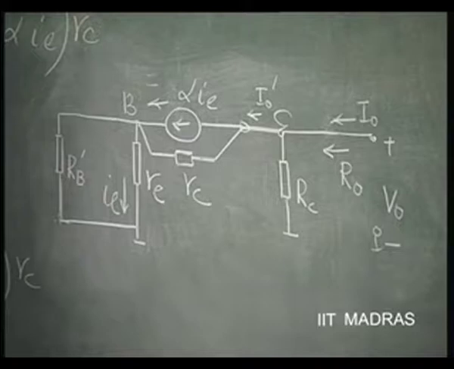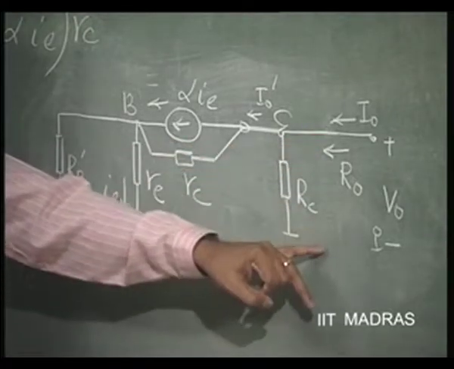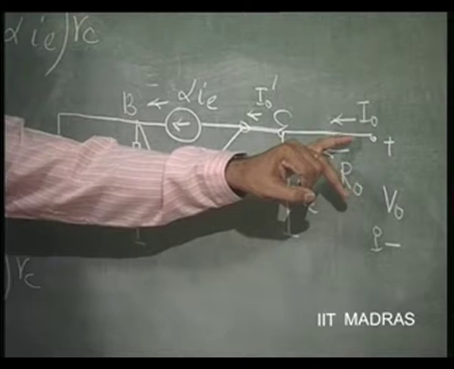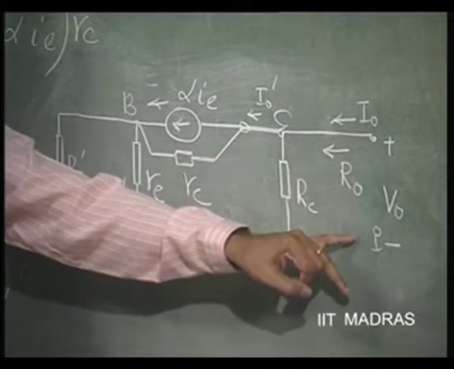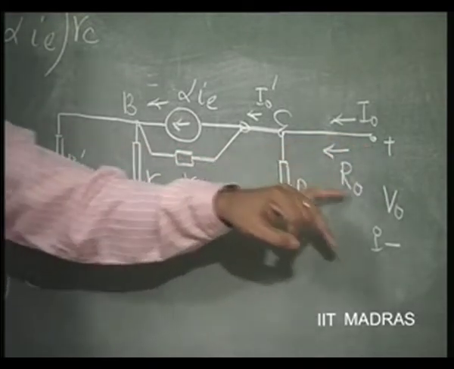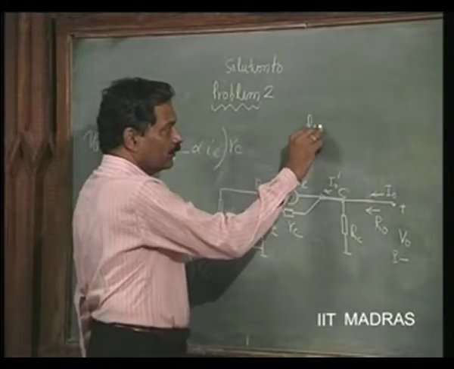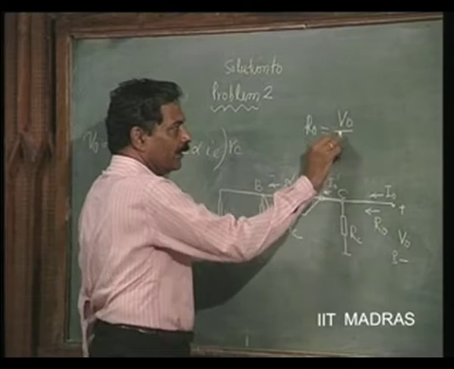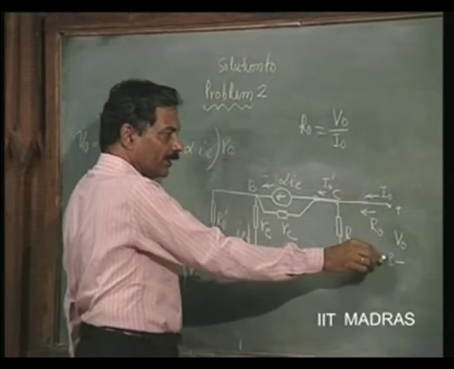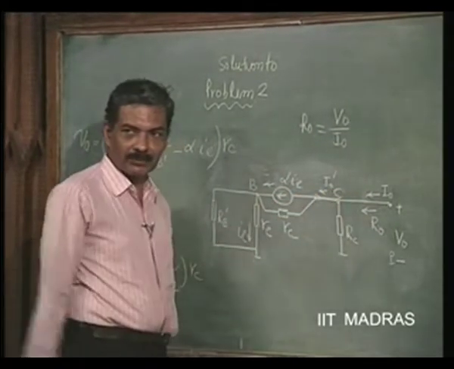If that resistance is there, we want to find out in general what will be the effect on the output impedance, which is determined by applying a voltage V naught here and finding out the current I naught. V naught by I naught is the output impedance. R naught by definition is V naught by I naught. When I apply a voltage at the output, we find out the current taken at the output.